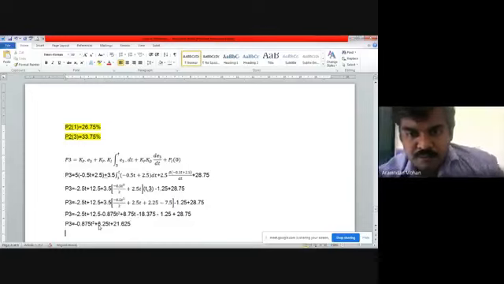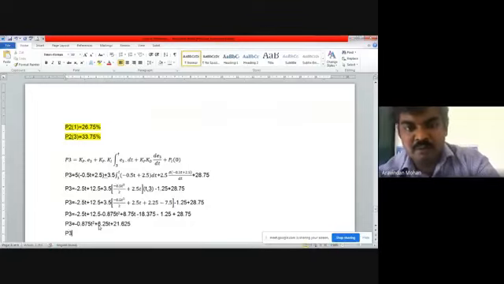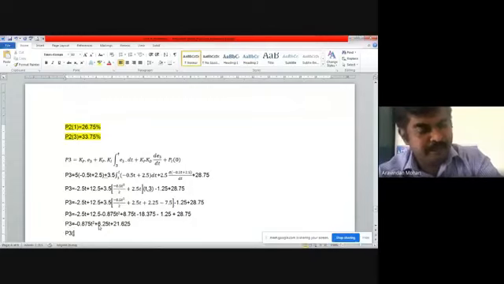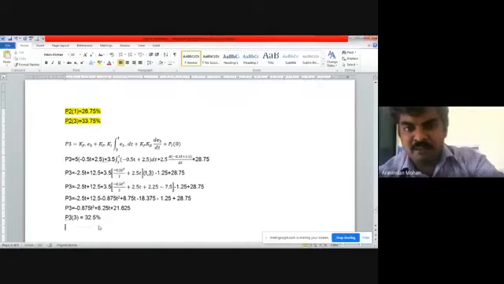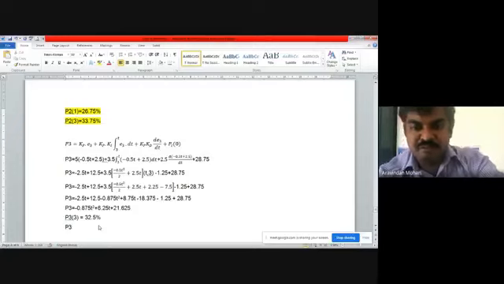Now we have to calculate the third controller output for the two values, that is P3 of 3. So P3 of 3 substitute பண்ணினா, you will be getting the value as 32.5%. Okay, similarly, you have to find out the controller output for the next interval value, that is P3 of 5.